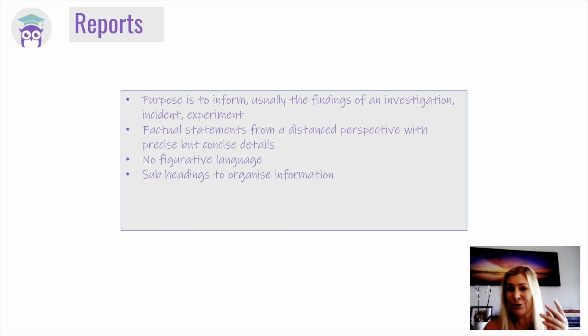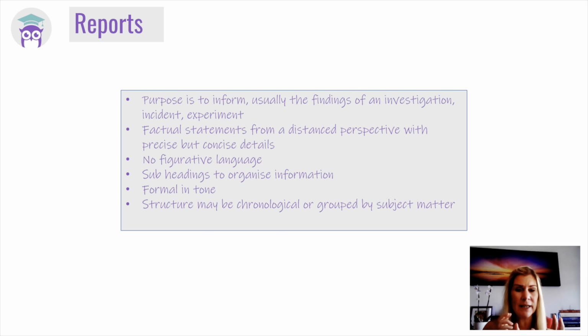You can use your subheadings to organize information, and often the three bullet points from the examiner will give you the material you need for your subheadings. You're obviously going to be very, very formal. Now, the structure, depending on the task, might be chronological. So if you are reporting on an investigation, it will be this happened, then this happened, then this happened, in order of the events.